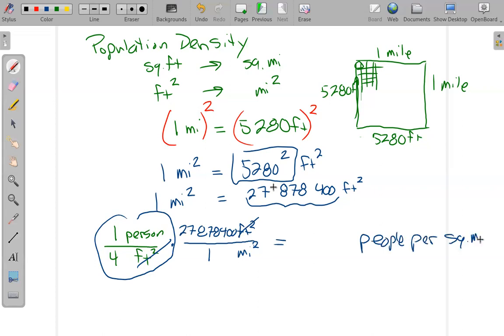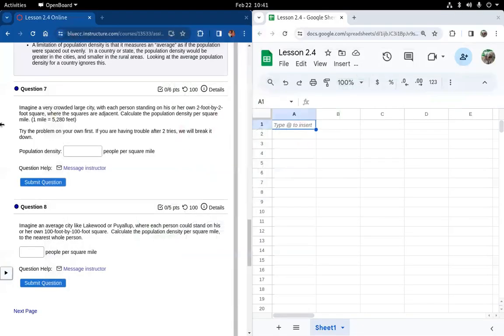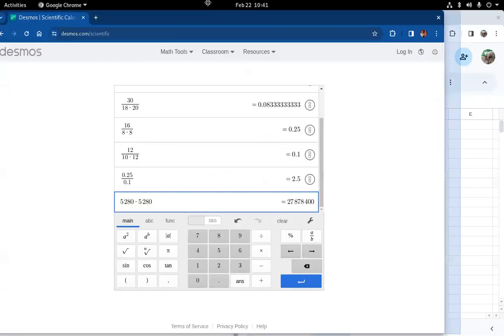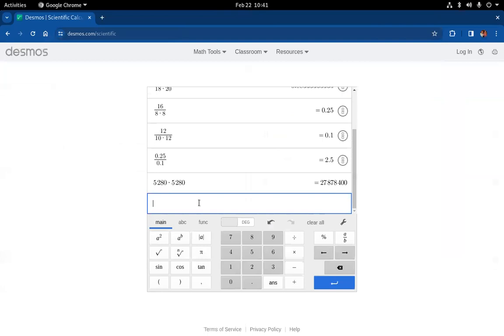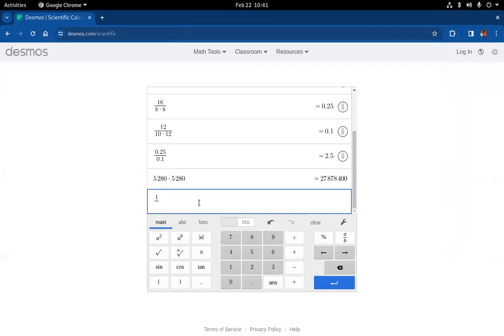Okay, so let's try that. So calculator. So we want to take our 1 person per 4 square feet and multiply it by that number above. I'm just going to use the previous answer button, or you could retype it.